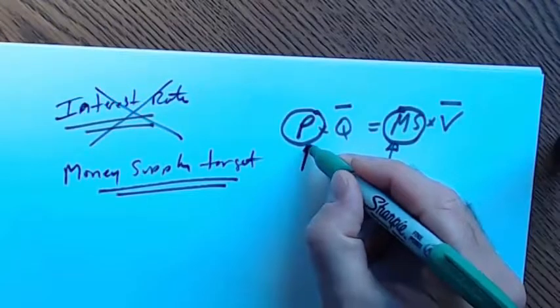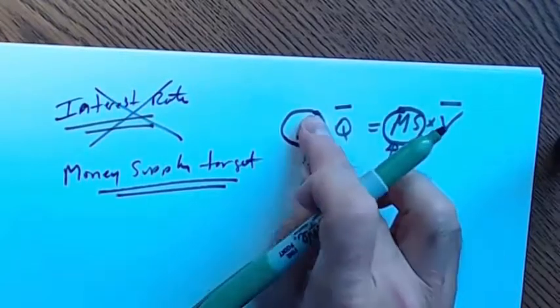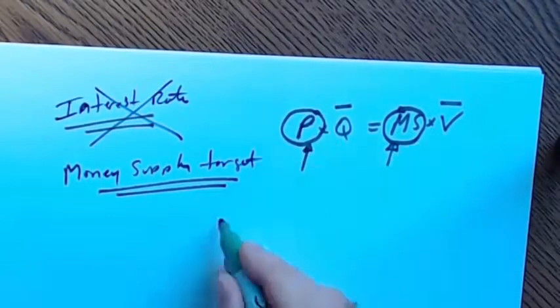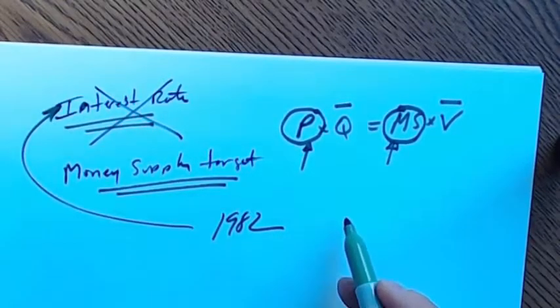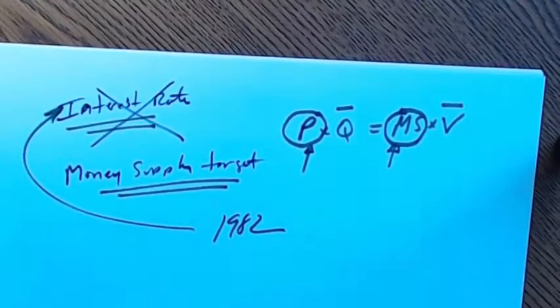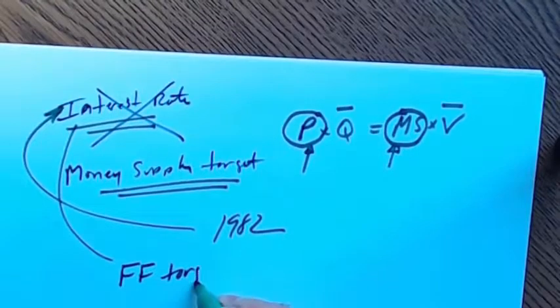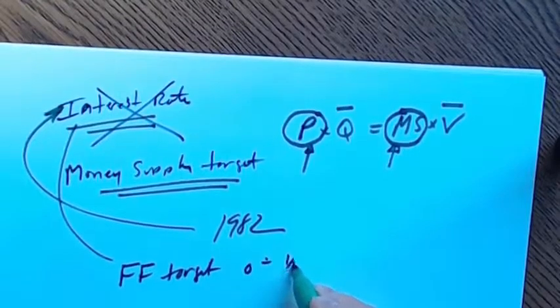Wow, what happens? Inflation comes down. Prices become relatively stable. In 1982, he switches back to an interest rate policy of targeting interest rates, and that's why we have today the Fed funds target interest rate between 0 and 0.25%.